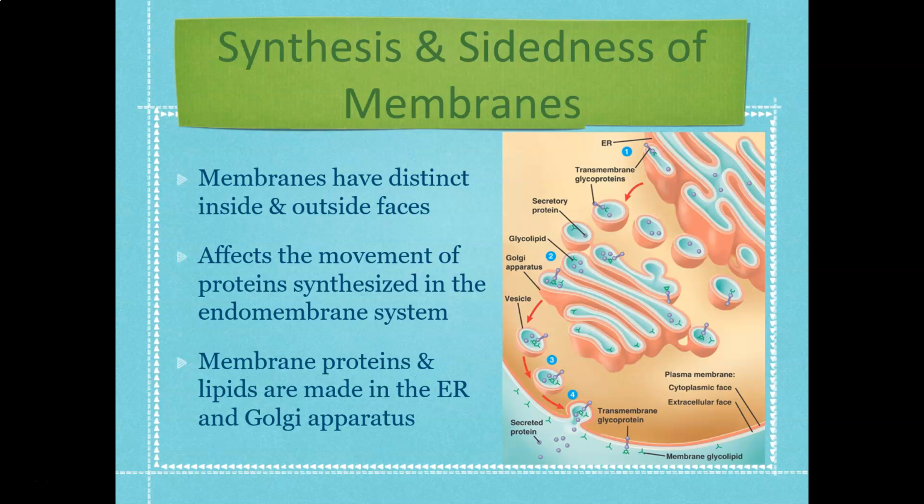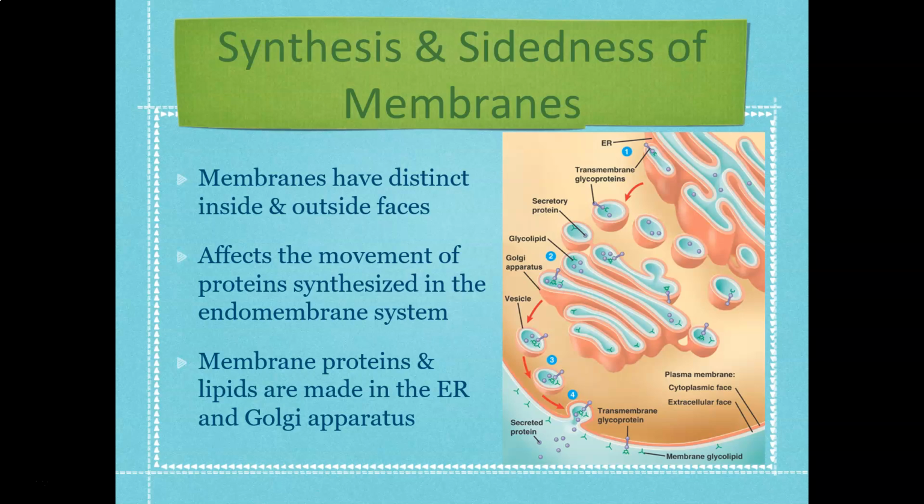Another thing to keep in mind while we're talking about things sticking off of your membranes is that there is distinct sidedness to them. They have inside and outside faces, and this exists not only in your plasma membrane, but it's also true within the membranes that make up things like your endomembrane system, the ER, the Golgi, so on and so forth.